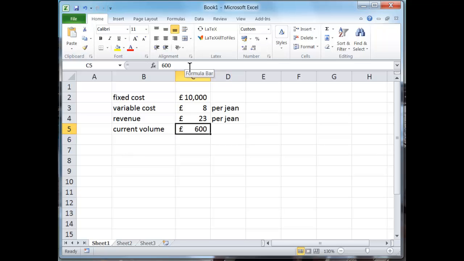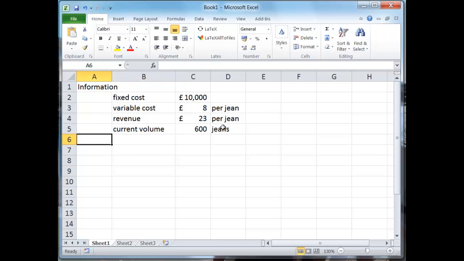Okay, that's actually jeans, so let's change that to a number format. So 600 jeans. So this is the most important information which we've got.